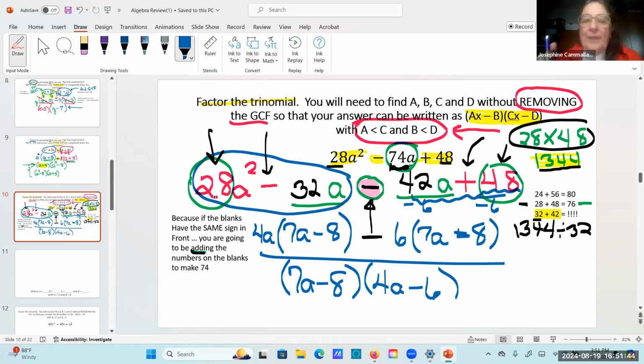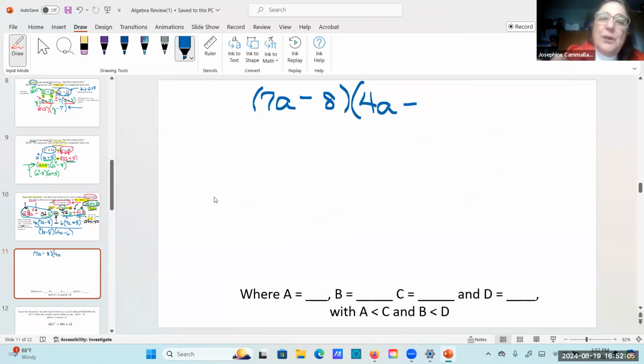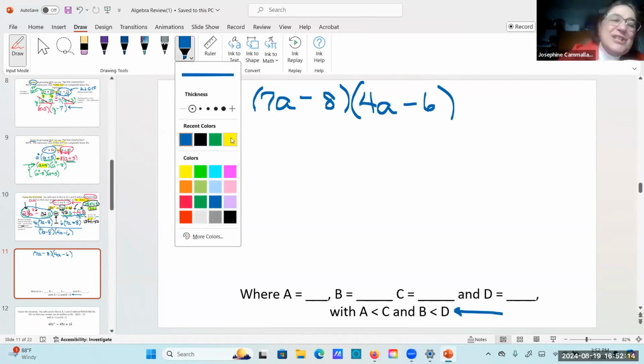Now, I'm going to go to my next slide to finish this problem. Here we go. I just wrote 7a minus 8, 4a minus 6. But I have to remember this part.